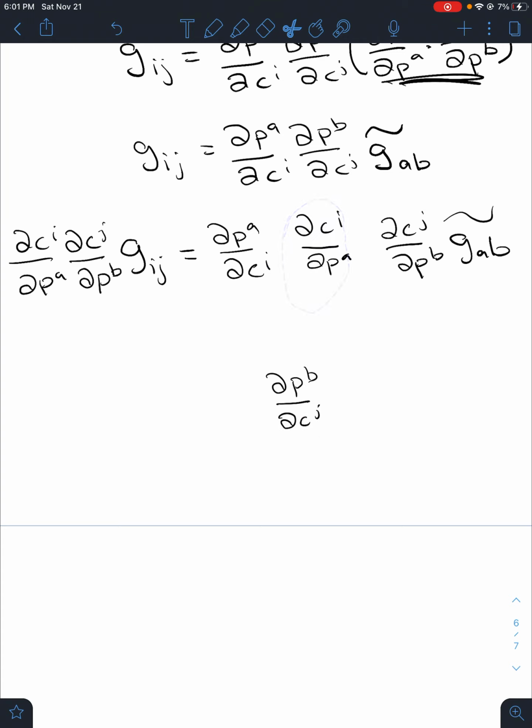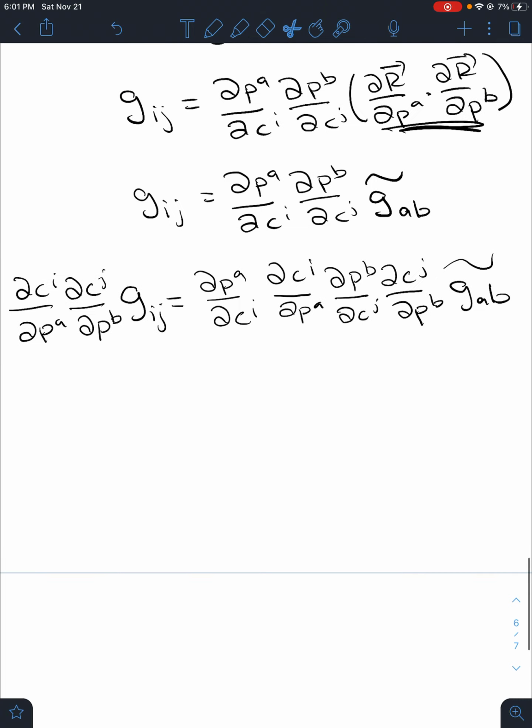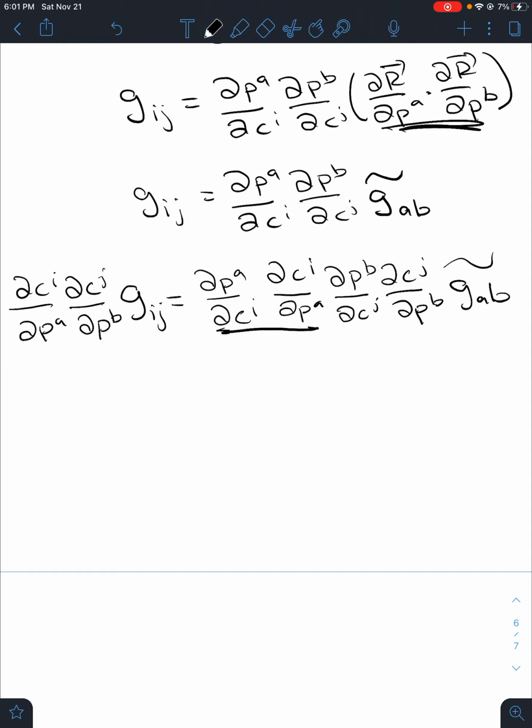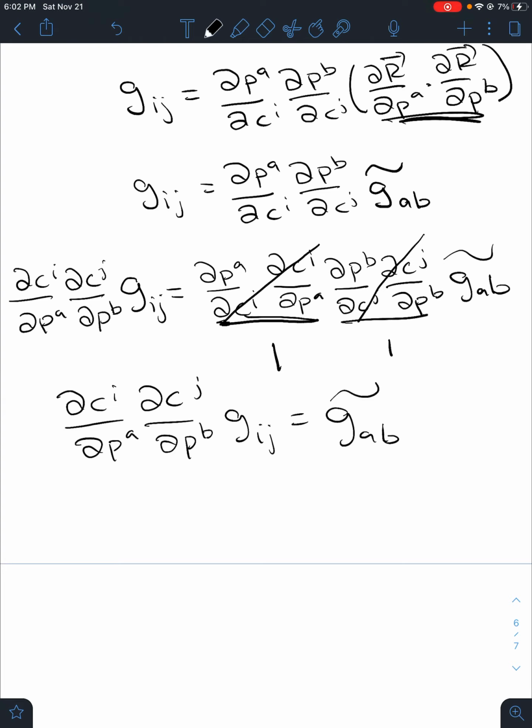We can rearrange this, put this over here, and we immediately find out that these are reciprocals of each other, which means they equal 1. Which means partial c^i over partial p^a, partial c^j over partial p^b, g_ij equals g~_ab. And that's the transformation from the old basis to the new basis.